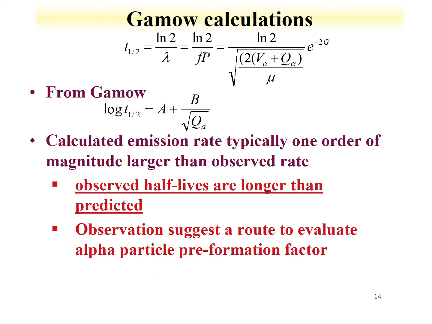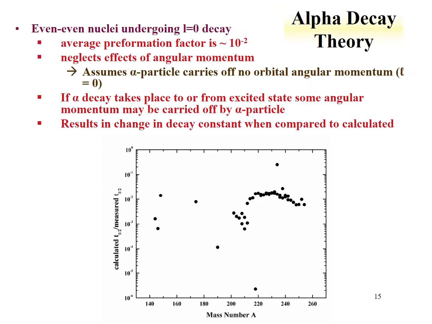So the preformed alpha is a way of fixing the data so that our calculations and observed data can match. And we just use the preformation factor as a fix to what we observed.